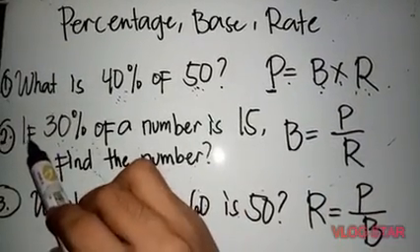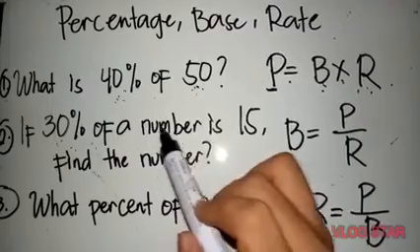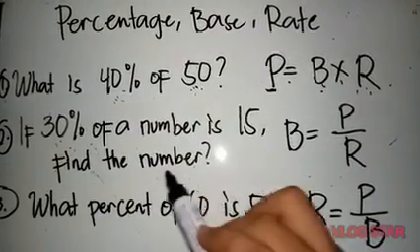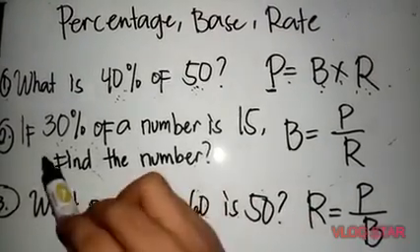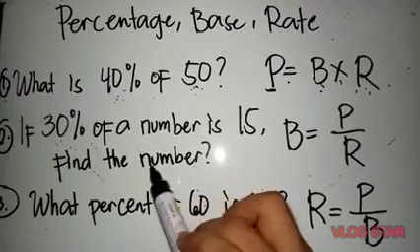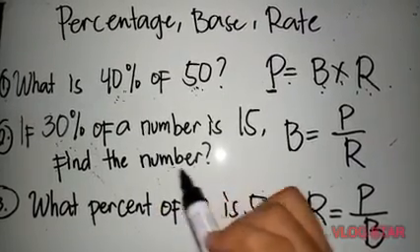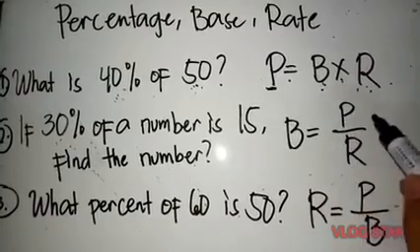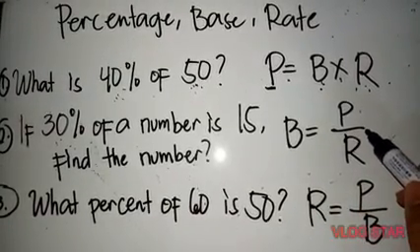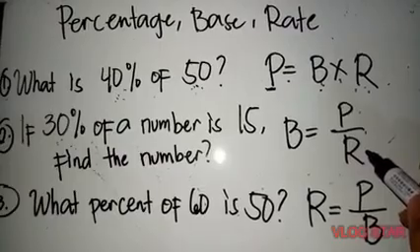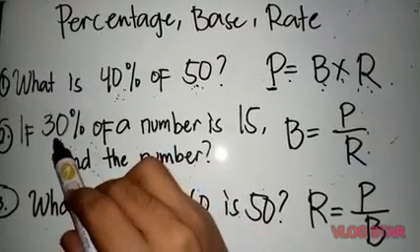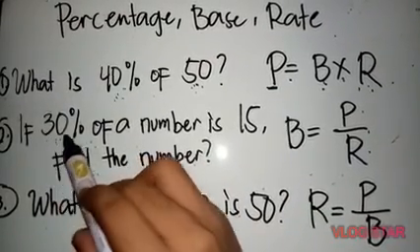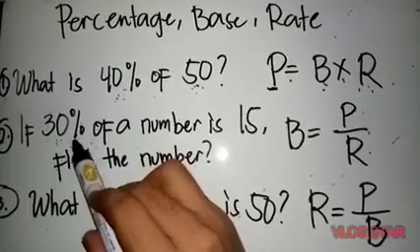Next, if the 30% of a number is 15, find the number. So in this given question, what is missing is the base. Okay, so base is equal to percentage divided by rate. So what is the percentage? It is not the number with percent, because the number with percent, that is the rate.